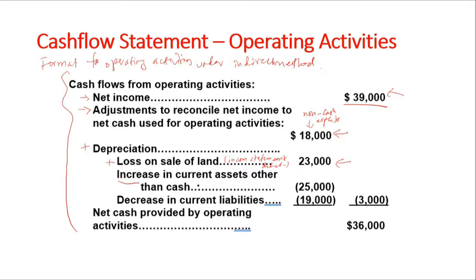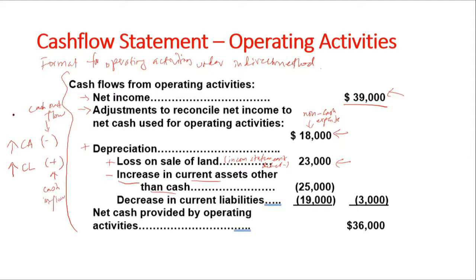Then we have increase in current assets other than cash. Whenever there's an increase in current assets, we deduct. So there's a rule, whenever there's an increase in current asset, we deduct. That basically means there's a cash outflow. Whereas if there's an increase in current liability, then we add, because that's a cash inflow.